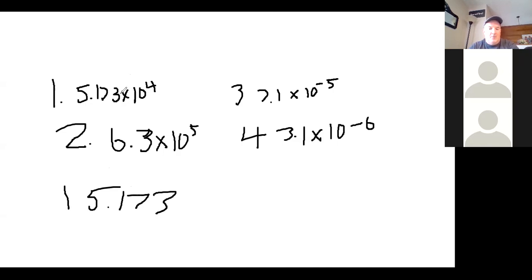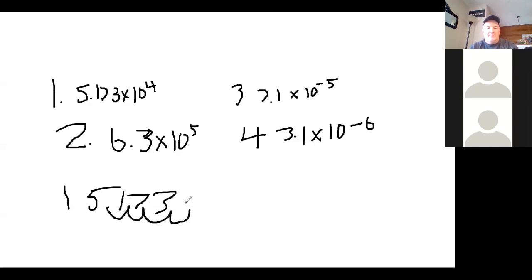So how are we doing on number 1, everybody? On this one, we have to go over 4 spots. So we go over 1, 2, 3, 4.